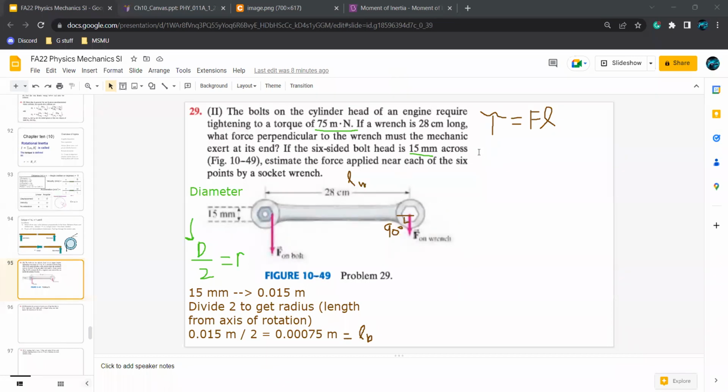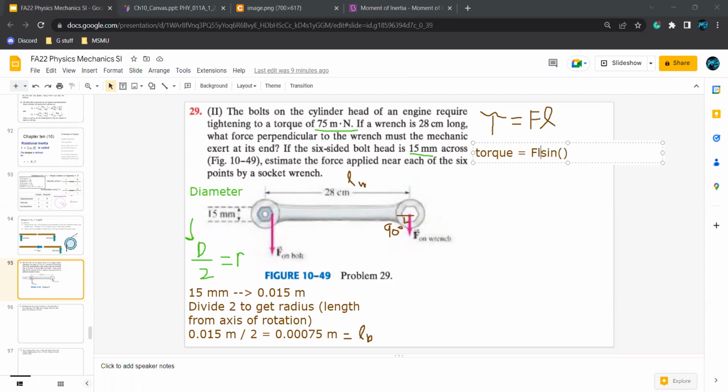I guess it would be useful to mention torque is a cross product, which means that you're crossing usually two vectors, or in this case one vector and a scalar, and you result in a vector. The way you usually do cross products, if it's not a long equation, is F L sine theta.